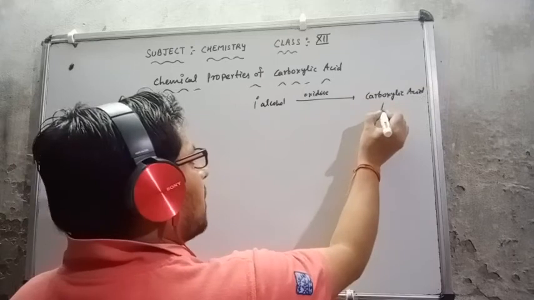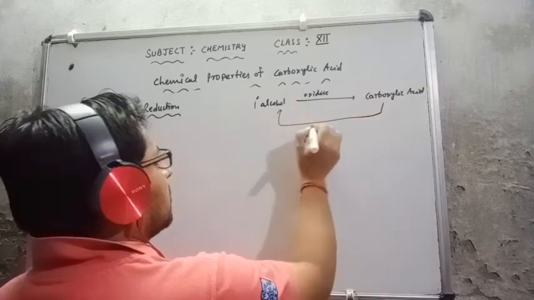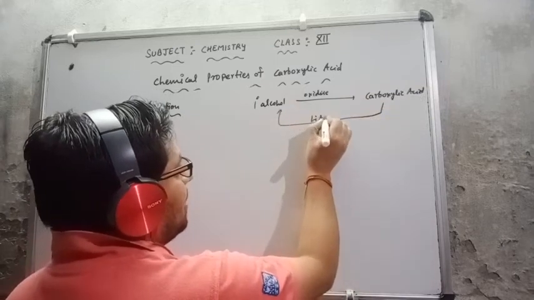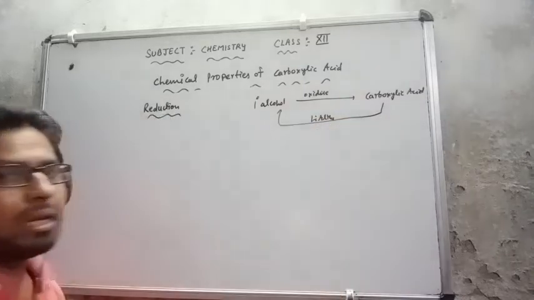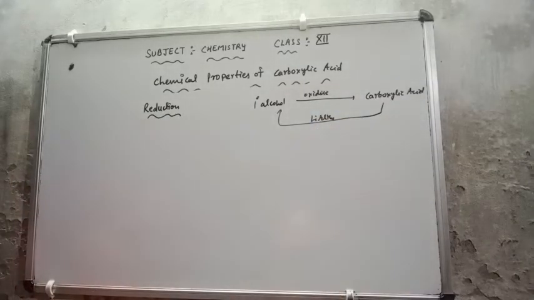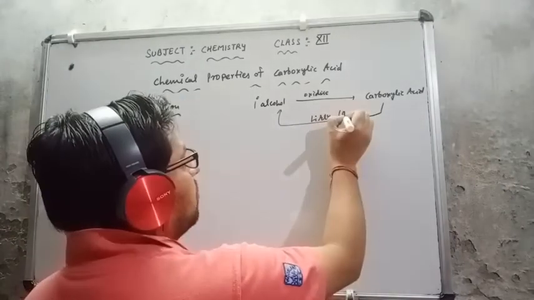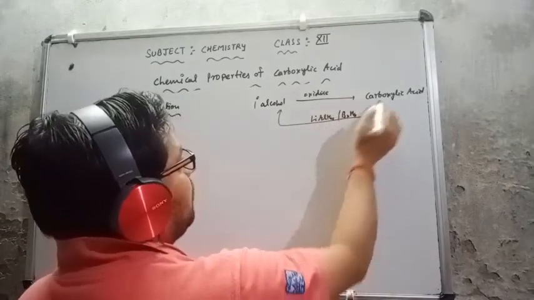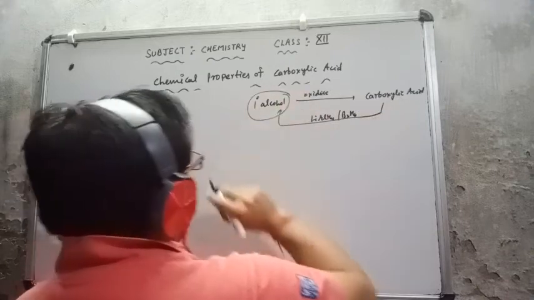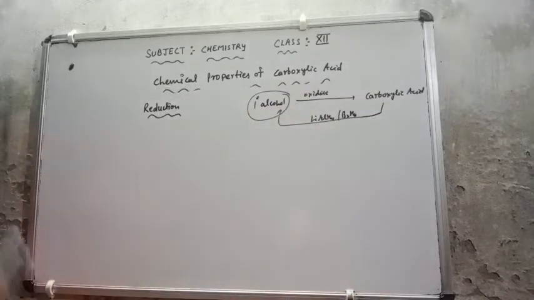So if this carboxylic acid is reduced in the presence of LiAlH4, lithium aluminium hydride, or B2H6 in the presence of ether, it will give back the primary alcohol. That means from the carboxylic acid we are getting the primary alcohol.